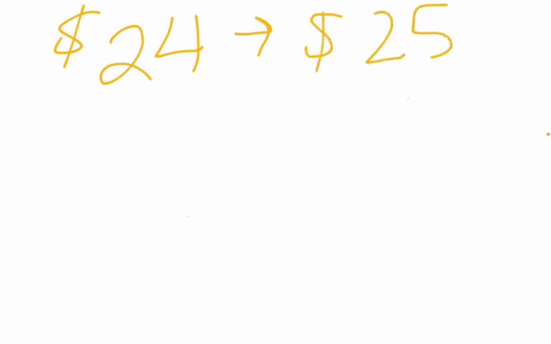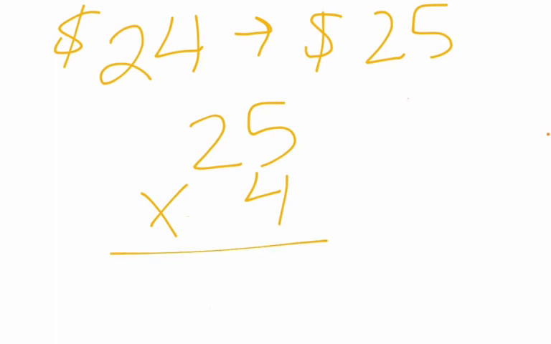So I'm going to change this to $25. And they want to buy 4. So we're going to do 25 times 4, y'all. You already know this answer. 25 plus 25 plus 25 plus 25, or 4 quarters, is $100. Awesome. That was so easy.